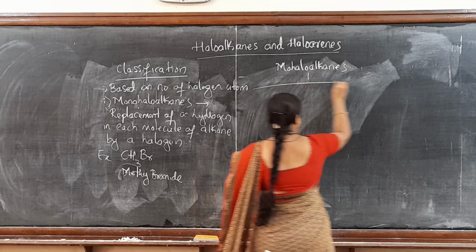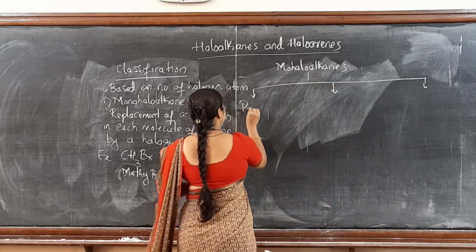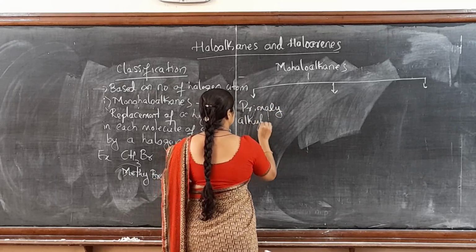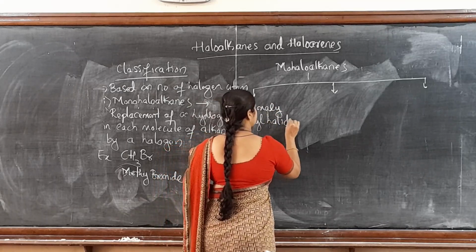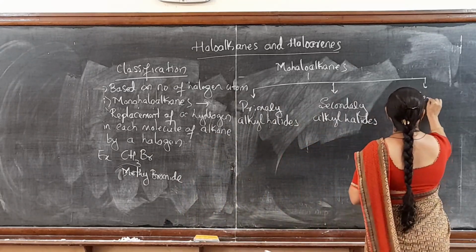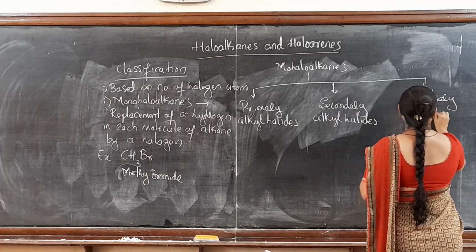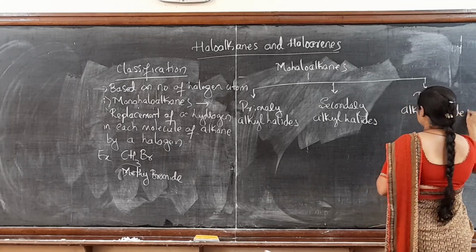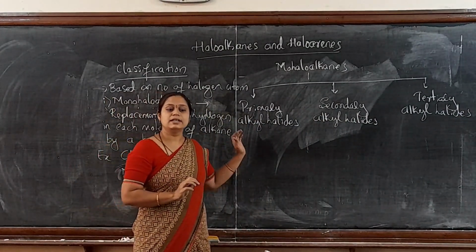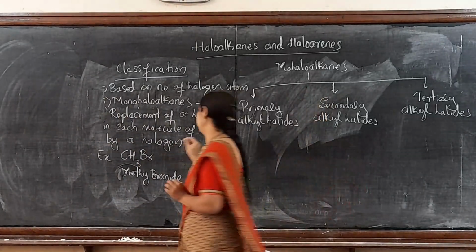They are primary alkyl halides, secondary alkyl halides, and tertiary alkyl halides. If a halogen atom is attached to the primary carbon, then we call it a primary alkyl halide.